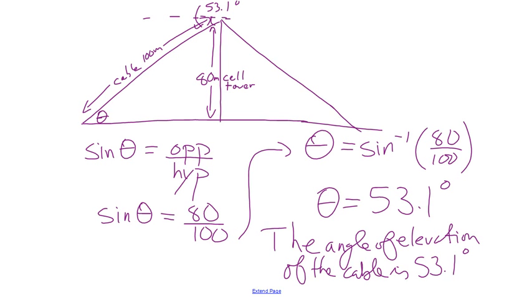If somebody happened to be on top of the cell tower looking down the cable, the angle of depression would also be 53.1 degrees.